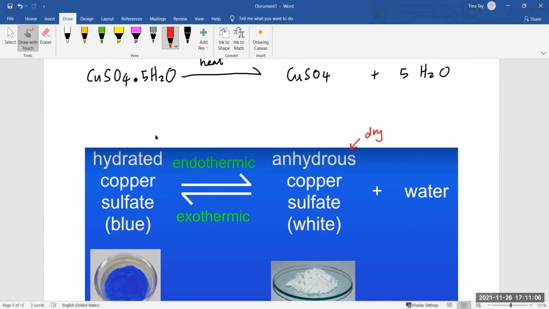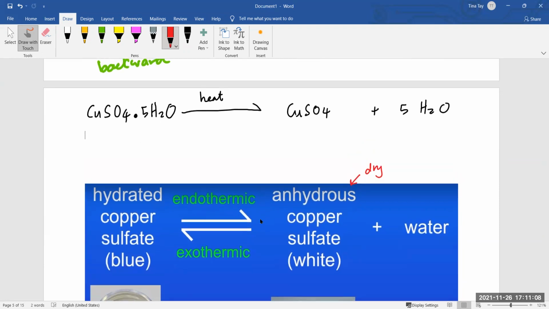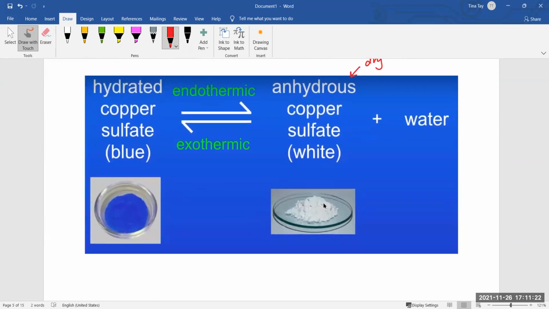Can you understand? So hydrated copper(II) sulfate is blue, anhydrous copper(II) sulfate is white. If I take the anhydrous, how do I change it back to hydrated?